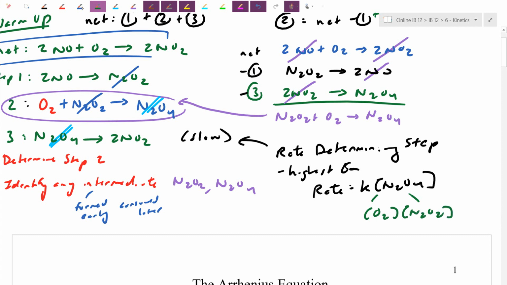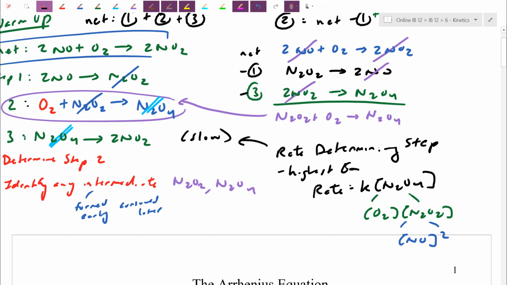And then we also see another problem here. Could have chosen an easier one. N2O2 is an intermediate, made from 2 NOs. I can think of this one as an NO squared. Right? So if I actually know the mechanism, if I know which particles are doing the colliding, I can use that to my advantage to determine the rate law, to figure out the orders. Otherwise, we can't just look at the stoichiometry. We can't just say, oh, NO squared, oxygen to the power 1. I can't just do that.